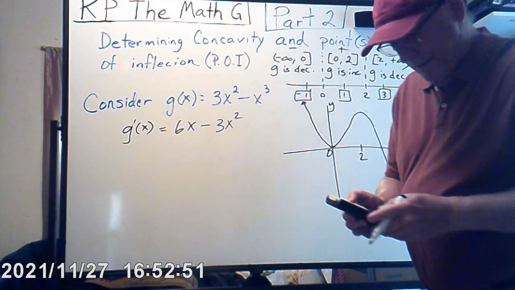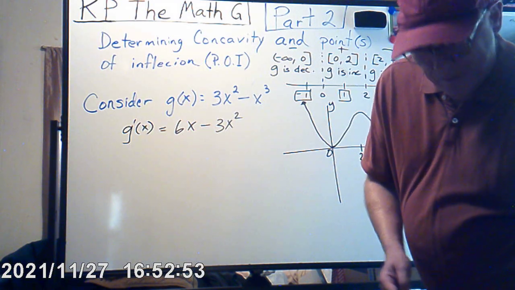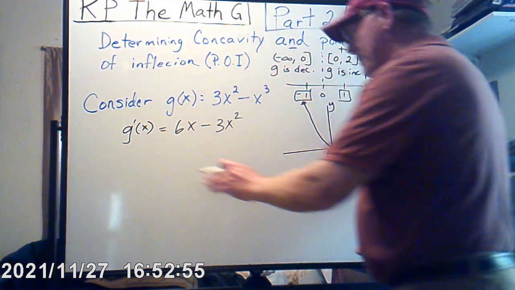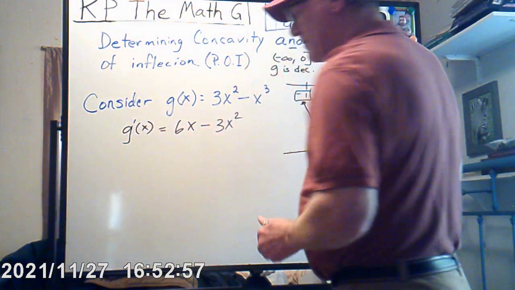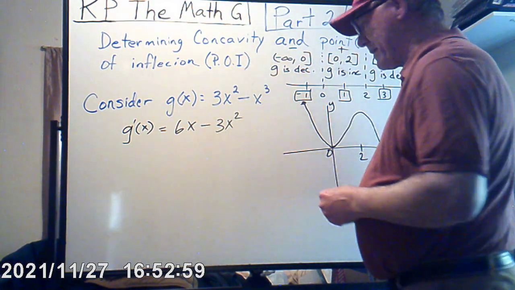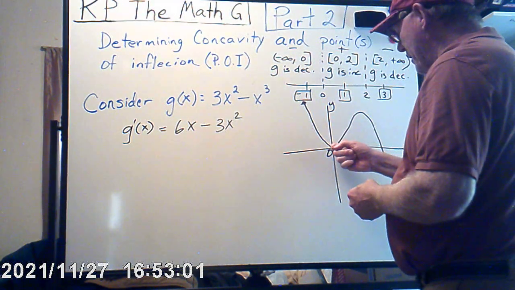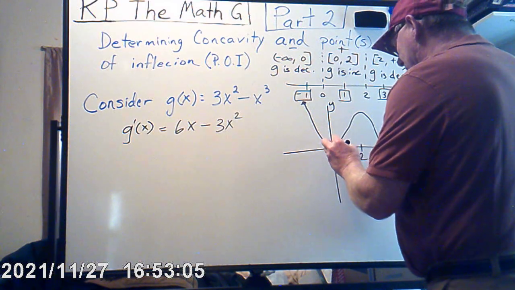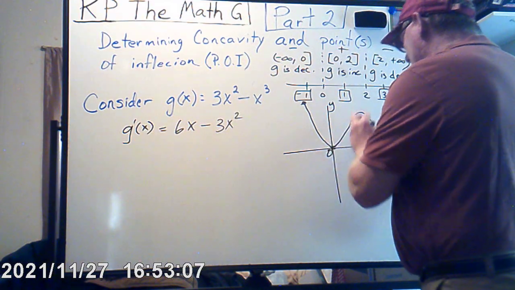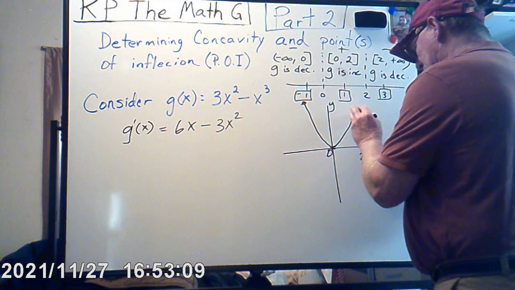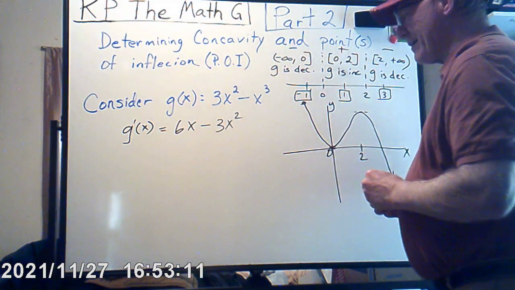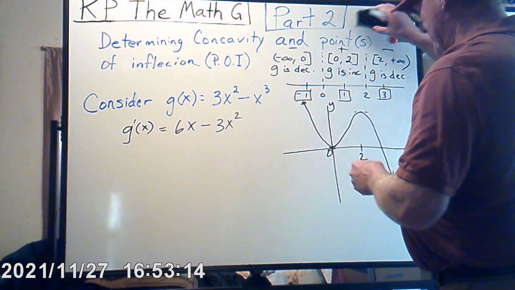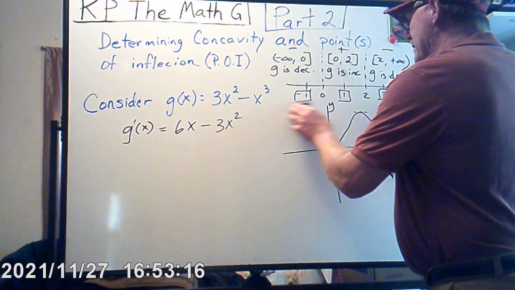That's the idea behind F prime. Decreasing, increasing. We also know that this is a minimum at x equals 0, and we have a max at x equals 2.